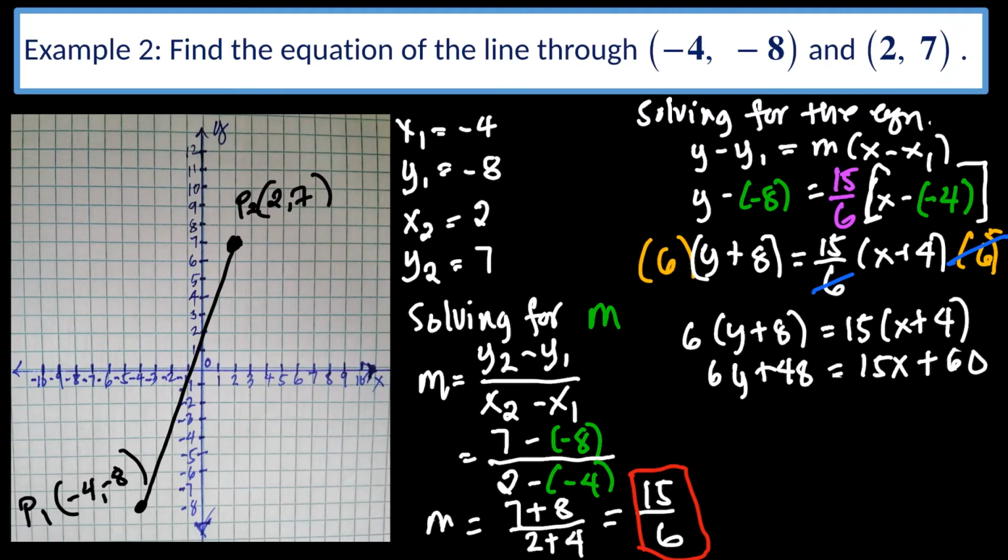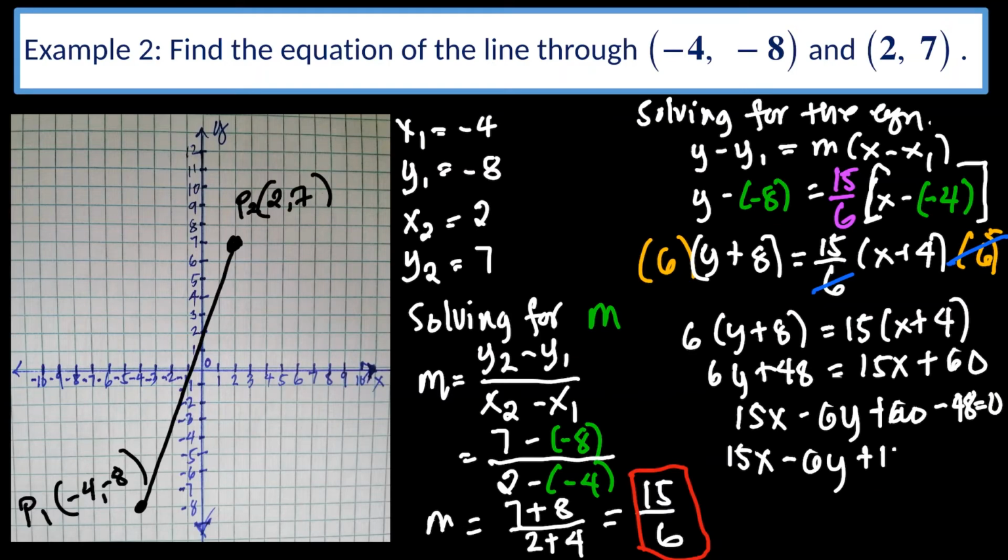All right, so expressing it in the general form of the equation of a straight line, we have 15x minus 6y plus 60 minus 48 equals 0. And so we have 15x minus 6y, and 60 minus 48 is 12, so plus 12 equals 0.